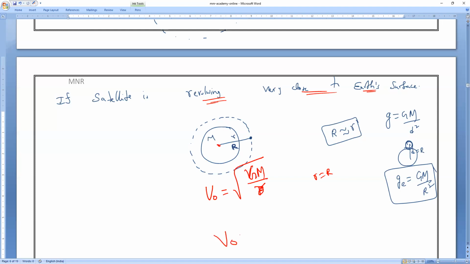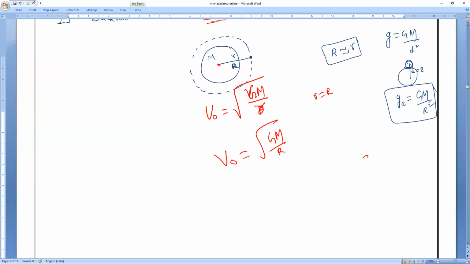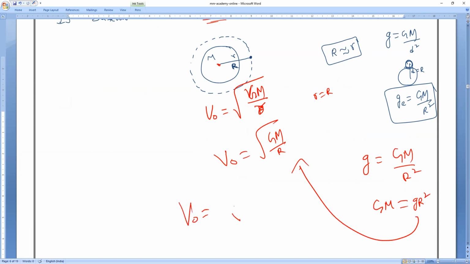Capital R. So orbital velocity is root over GM divided by capital R. Now, we all know from the gravitation formula, GM divided by R square is g, so capital GM is equal to gR square. I'll replace it here. So for satellites going close to the earth surface, the R and R will get cancelled.